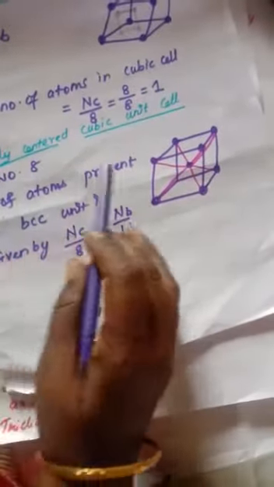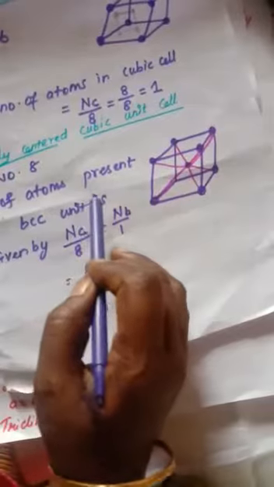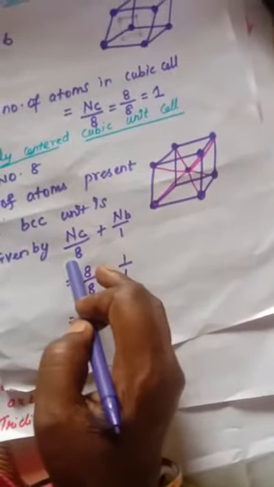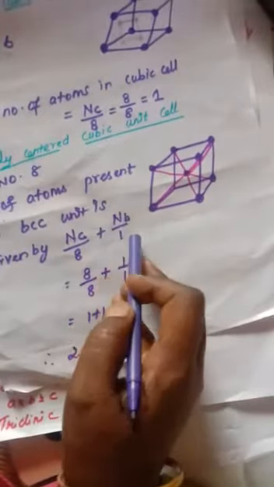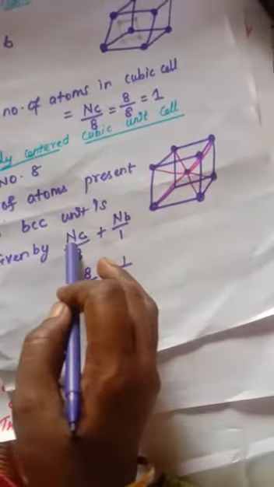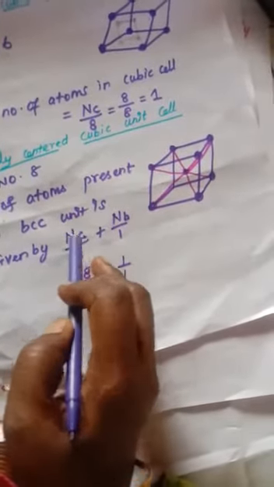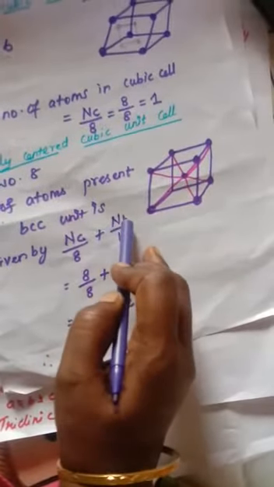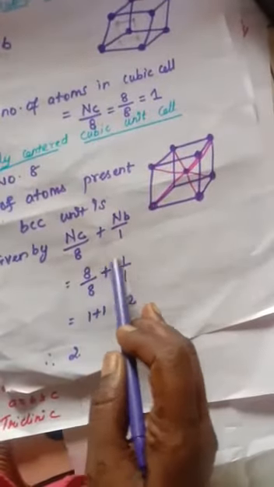The number of atoms present in the body-centered cubic unit cell is given by the formula Nc divided by 8 plus Nb divided by 1. Nc is the number of atoms present at the corners, and Nb is the number of atoms present at the center of the body. So here 8 by 8 plus 1 by 1.